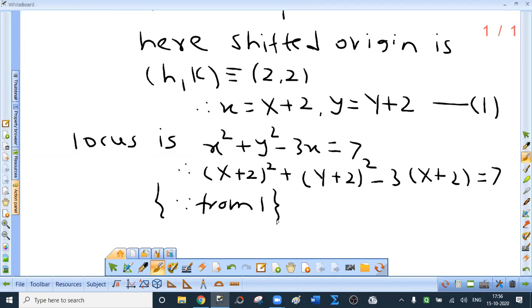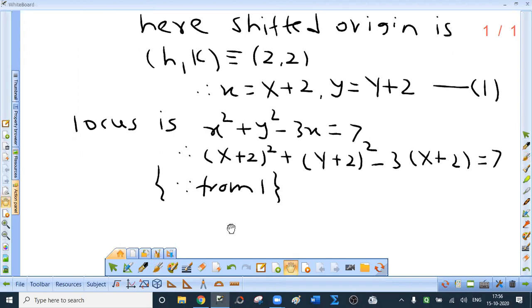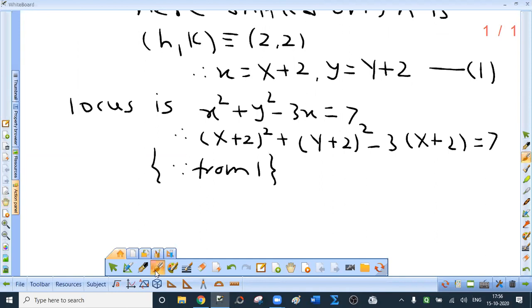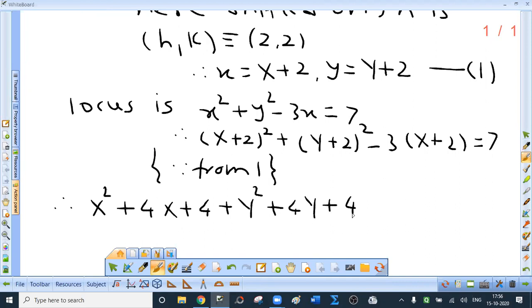Now simplify this and tell me what is the answer. So x square plus 4x plus 4 plus y square plus 4y plus 4 minus 3x minus 6 minus 7 equal to 0.